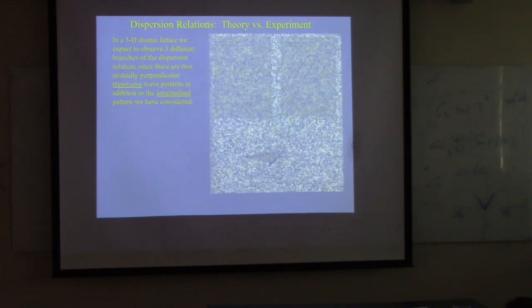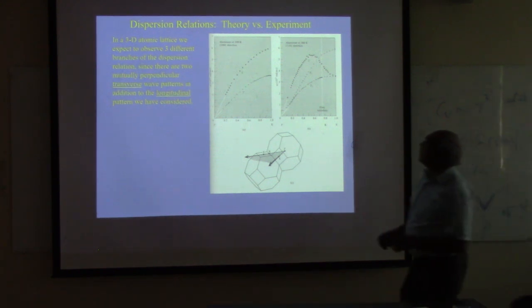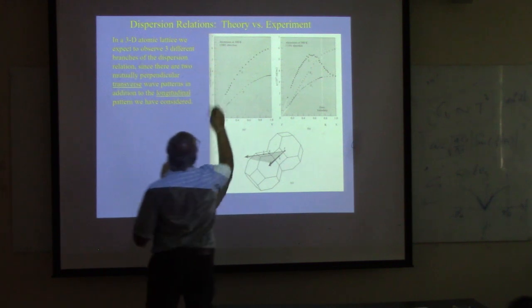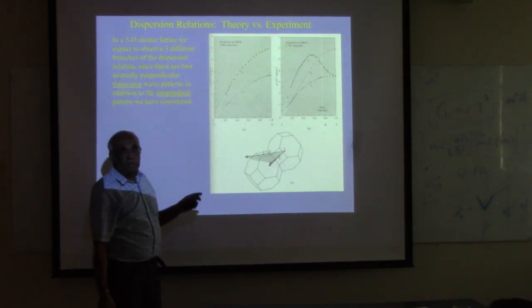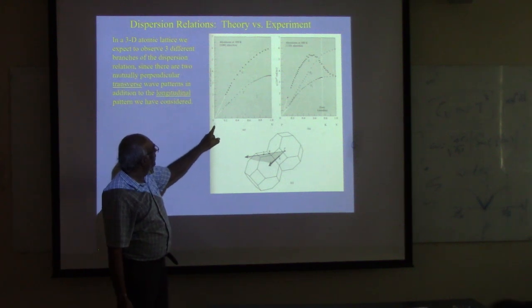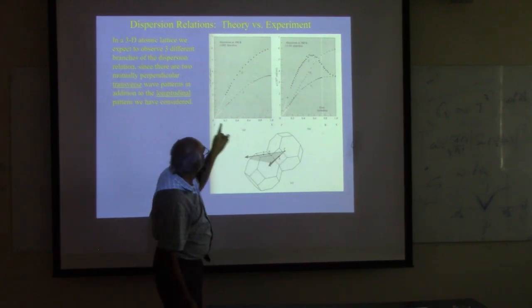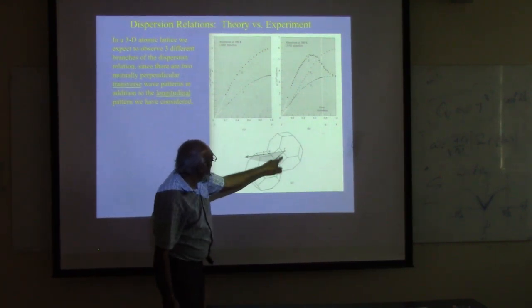Okay, so let's go on, give me a few more minutes. Actually, people have measured this frequency as a function of k. That's the wavelength, right? So everyone remember our symmetry points: gamma is your center, then you have X points on one of these surfaces.